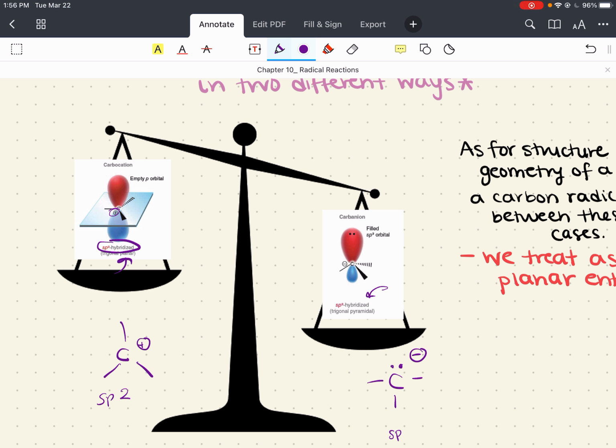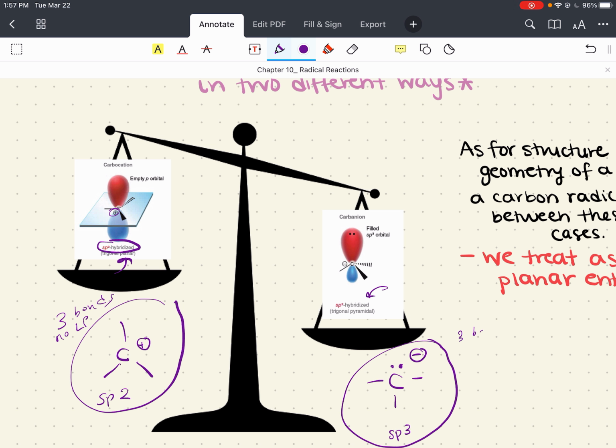This is sp3 hybridized. Now, for carbocation, 3 bonds, no lone pairs, which is why it's trigonal planar. Carbanion, 3 bonds, 1 lone pair, all right? Hence why it's trigonal pyramidal.